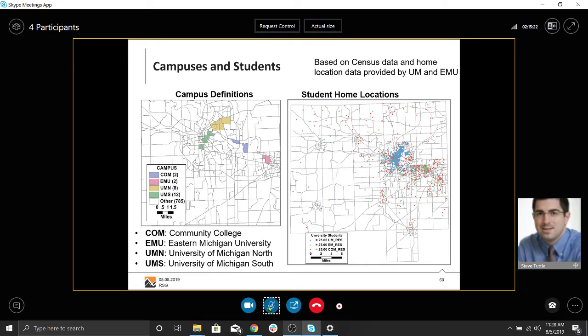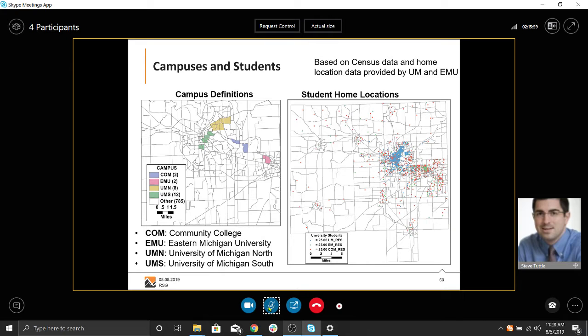So on the right, it's a dot density of student home locations. For University of Michigan and Eastern Michigan University, we had some data on student residence, where the students live. But it wasn't very specific. It wouldn't get you the full set of students on campus. I think it was viewed more as a partial sample, if I'm remembering correctly. There'd be some gaps in the data.